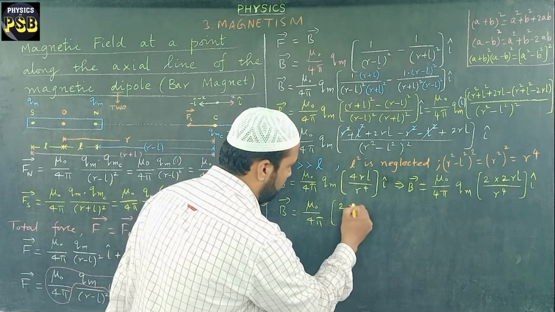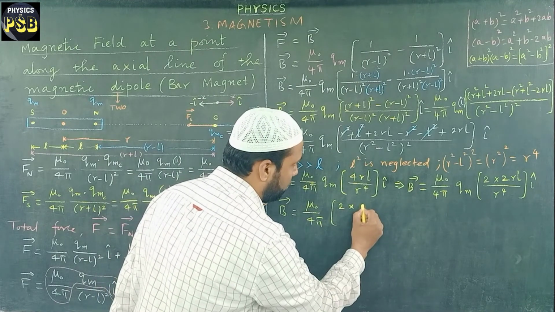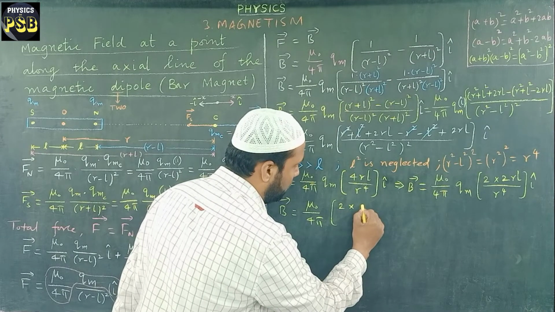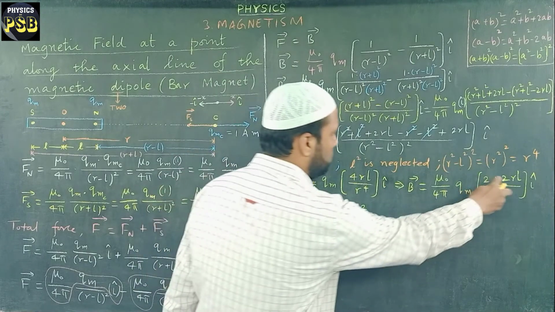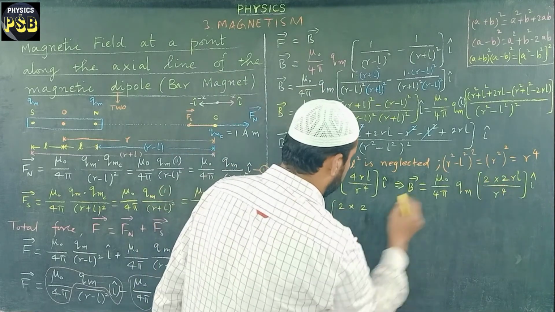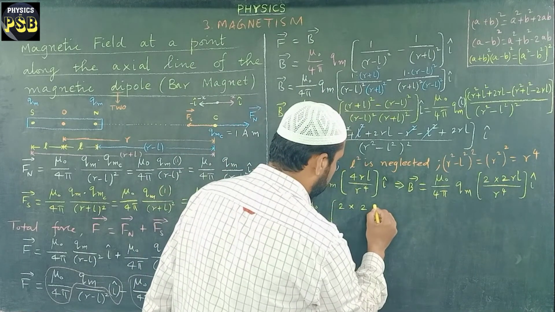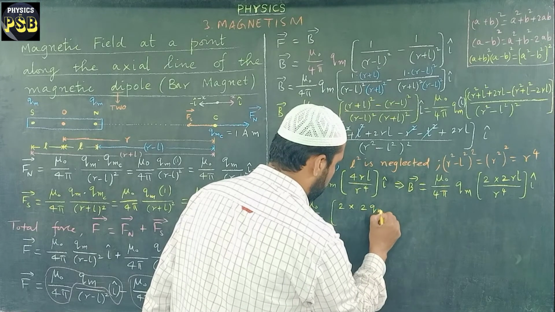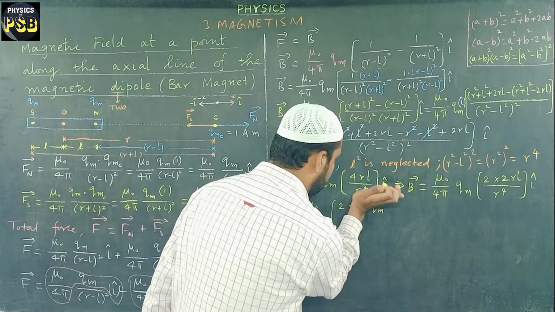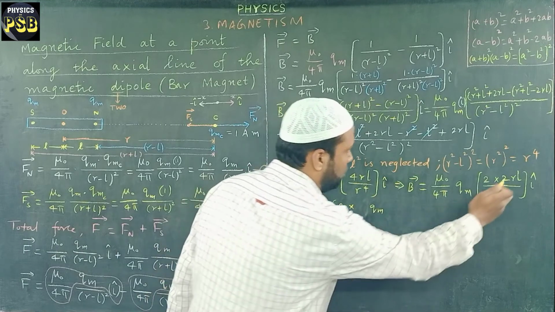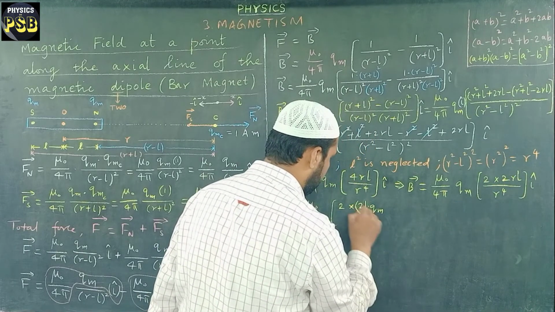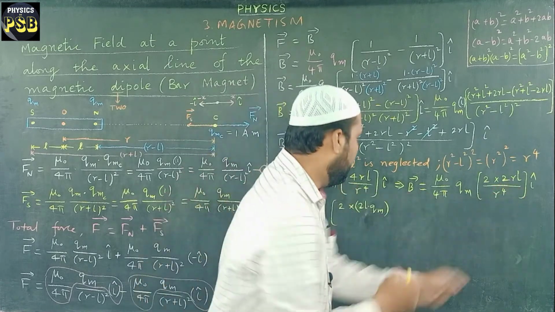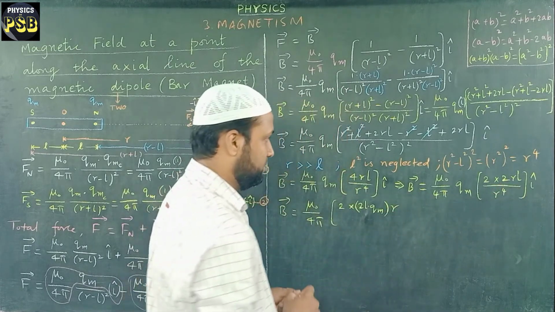2 multiplied with 2. Here q is taken inside. Or actually I write it like this: 2l qm, then r is written beside it.